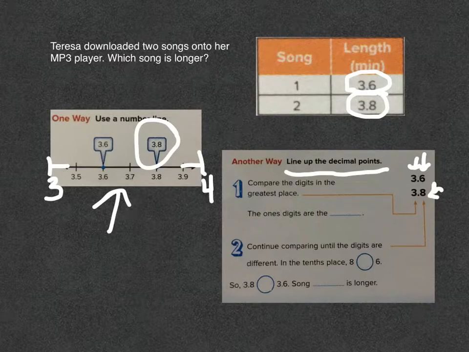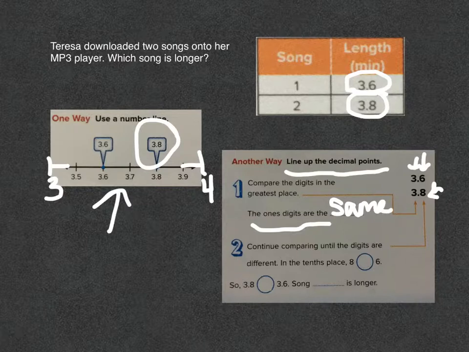I went a little bit ahead of myself. It says the ones digits are the same, so we're going to write same in there. And then we continue on to the right, and we notice that in the tenths place, the 8 is bigger than the 6. So 3 8/10 is bigger than 3 6/10. Song 2 is the longer one.